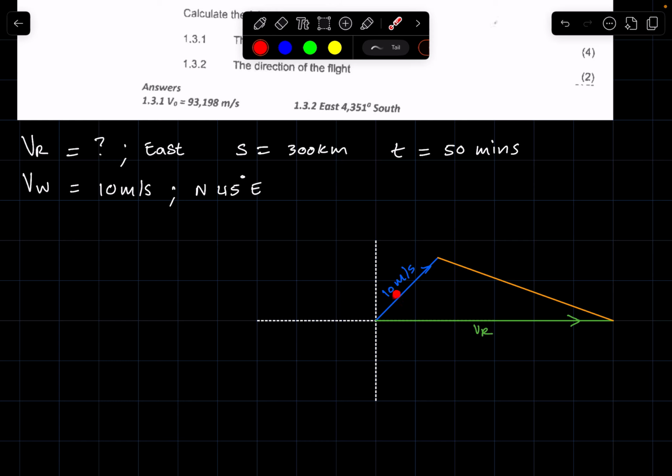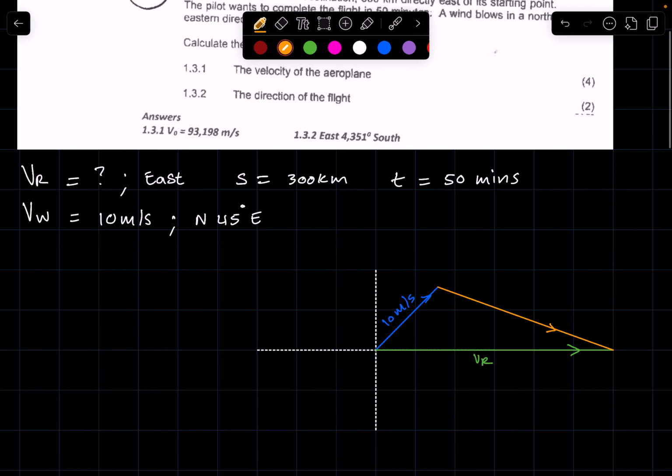So because this one is going in this direction, then we know that this one will head in that direction, so that this follows a head to tail direction. In order for this to follow a head to tail direction, VO must head in this direction. So this here is VO, and that completes your vector diagram. This is why the vector diagram is important.